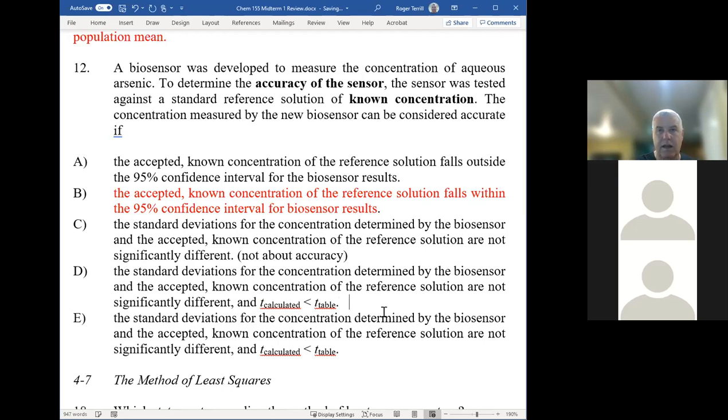So this is a WTF answer here. And then the answer here has got to be B, because these are both WTFs, because the T values do not compare standard deviations.